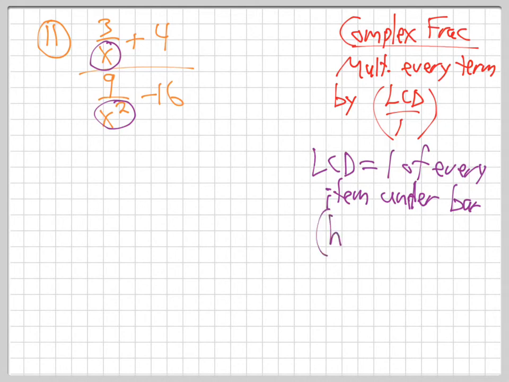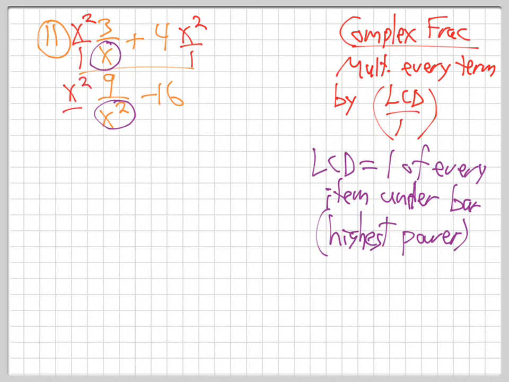And we take the highest power. We're going to multiply by x squared over 1, x squared over 1, x squared over 1, x squared over 1. All right? So this x cancels one of those, right, to be 3x.